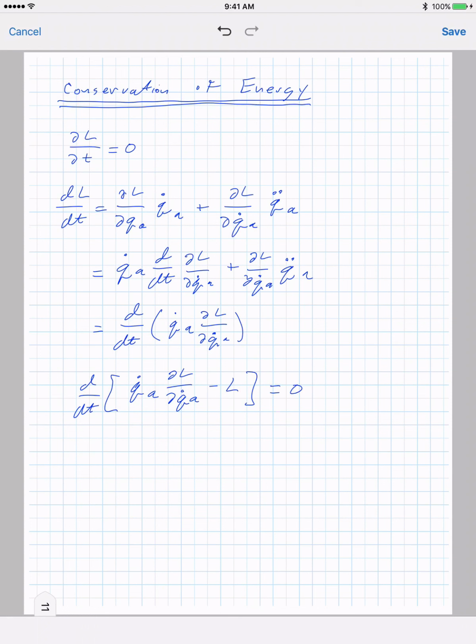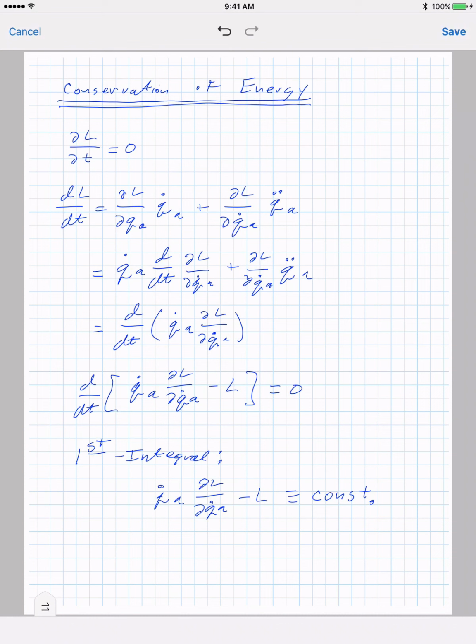So this is a constant of the motion, or it's a first integral. And so the first integral is q dot a times dL/dq dot a minus L is a constant. So the question is, what is that constant?